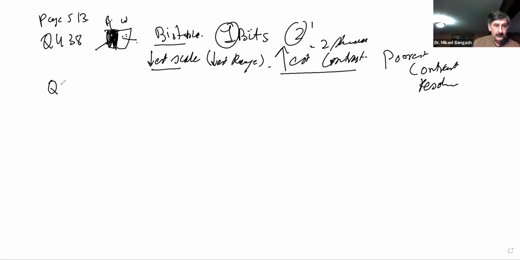Now question number 439. This is actually a little bit more about temporal resolution, but anyways, what is the approximate number of frames that must be presented each second for the human eye to perceive the display without flickering? And that is 20.